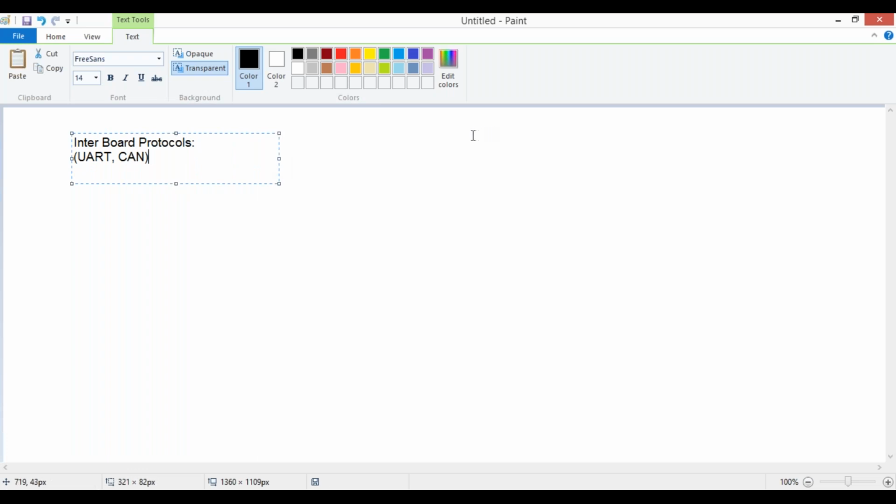Another category is the intra-board protocols. In the intra-board protocols, you have SPI and the I2C protocol. So these are the intra-board protocols.